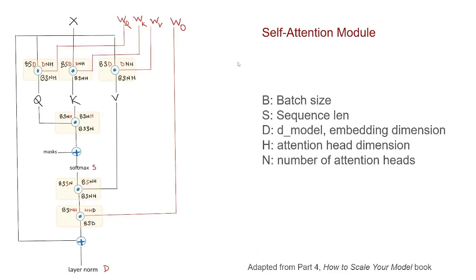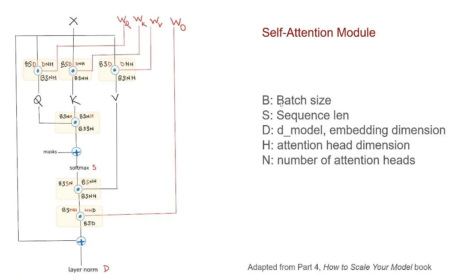Let's look at the self-attention module within a transformer layer and see the kind of operations going on. So here X is the input coming into that self-attention module, and these are the operations going on. Here I have not shown the MLP, we will come to it in a little while.